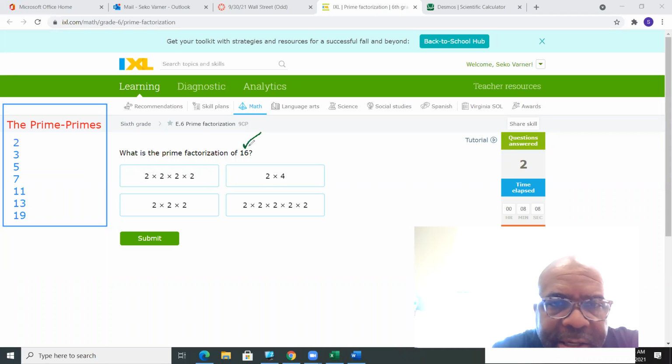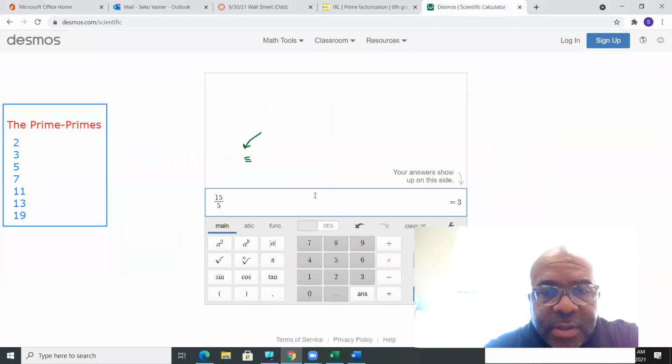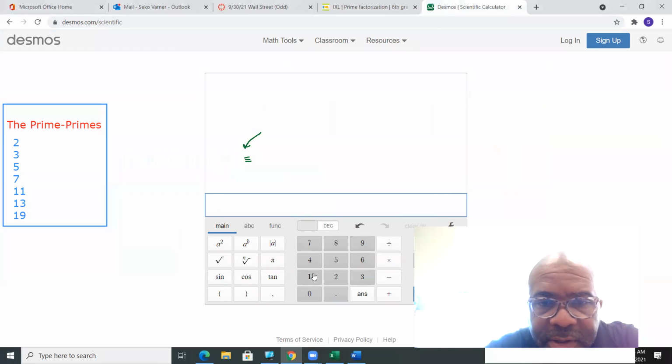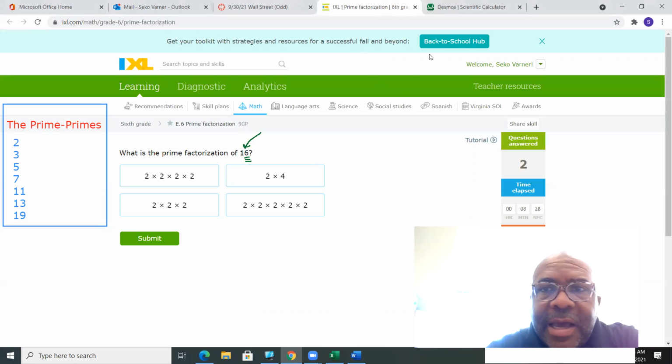Now look at the last number in 16. This number is an even number. So whenever you have an even number, you can divide by 2. We can go to our decimals and divide 16 divided by 2, and the answer is 8. So now we can come back here and say 16 is 2 times 8. 2 is a prime number, so I'm going to circle it.